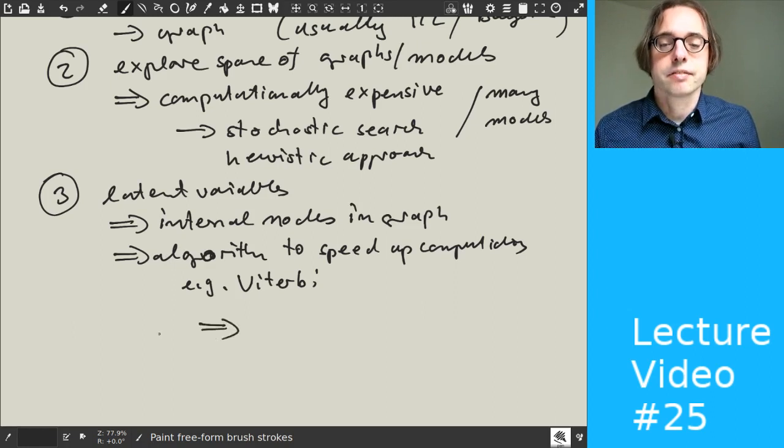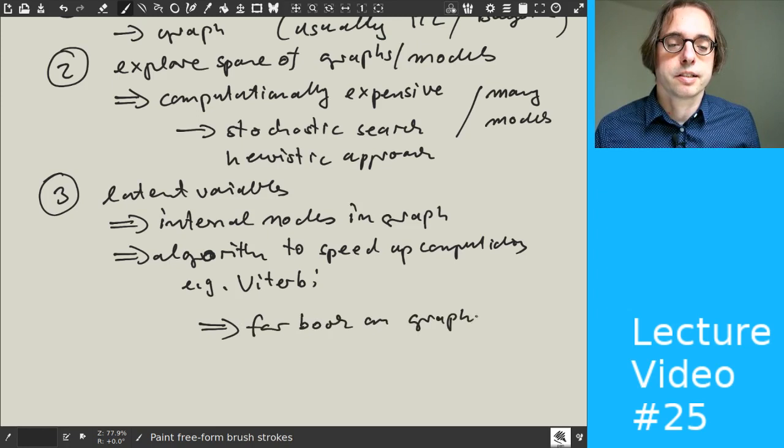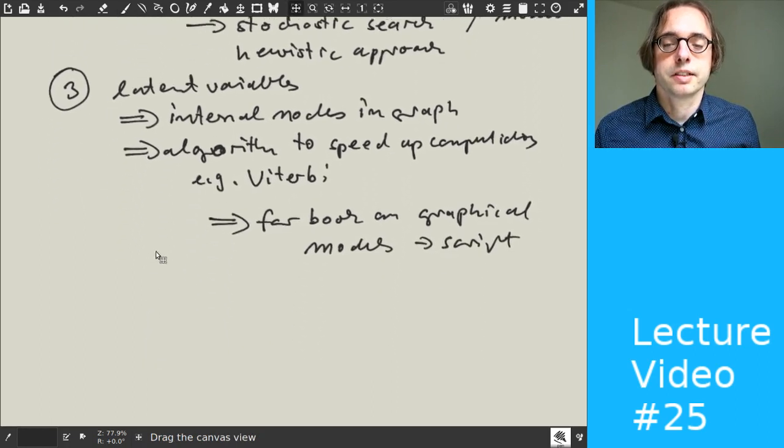In the lecture, I gave you references to some books where you can read more about this. For books on graphical models, there are some very good ones, and see the script, I have some suggestions there.